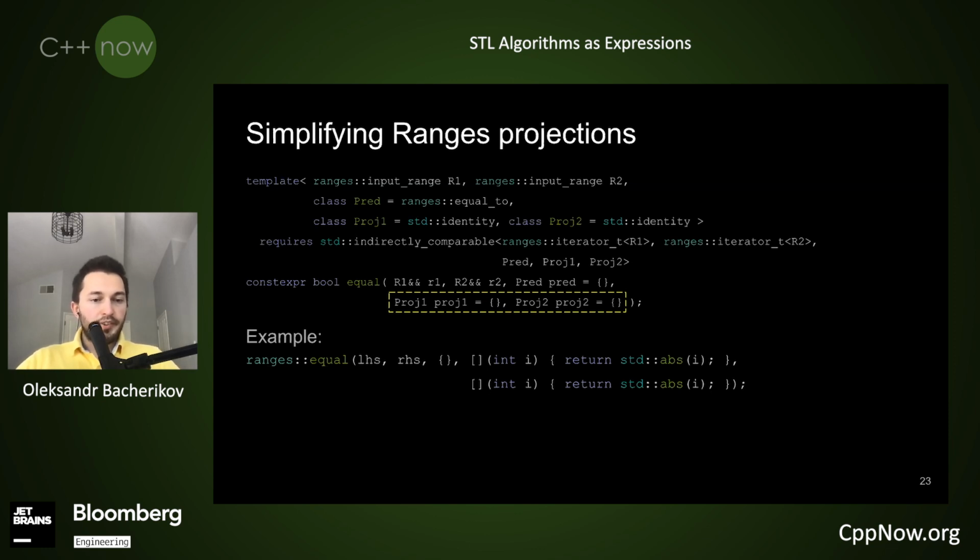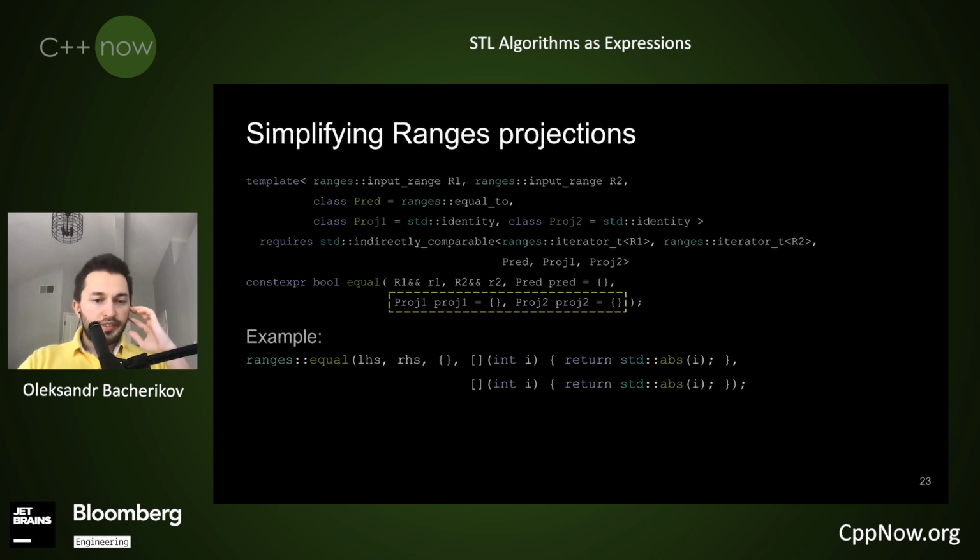So, for example, if you want to compare not the elements themselves, but their absolute values in two ranges, you could specify projections in the form of lambdas, like I wrote here. And actually, this example highlights the point that it would be useful to have all the math functions as function objects as well, in order to avoid these simple lambda wrappers that we have to write.